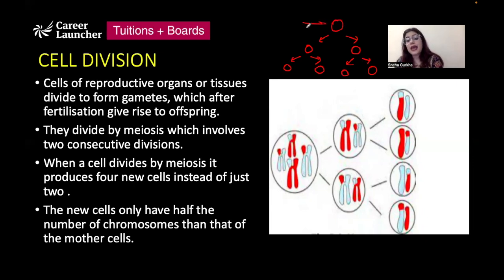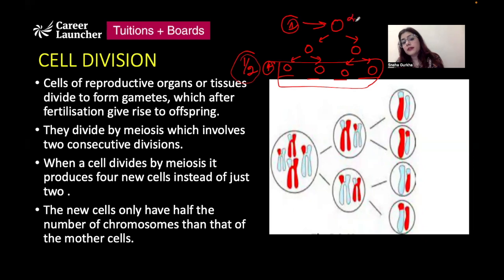So when a single cell divides by meiosis, we get 4 daughter cells. When a single cell divides by mitosis, we get 2 daughter cells. But when a single cell divides by meiosis, we get 4 daughter cells instead of 2. And another unique feature is that the chromosome number will be half in the daughter cells.